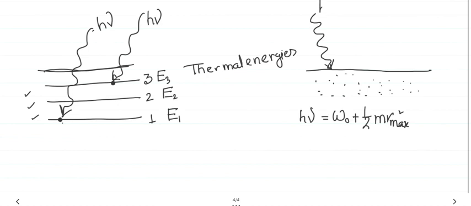The energy which falls here is of a particular frequency, a particular value, it is not changing. W naught is a constant characteristic of the metal, and ½ m v_max² depends completely on hν, and hν is a constant here because it is monochromatic.